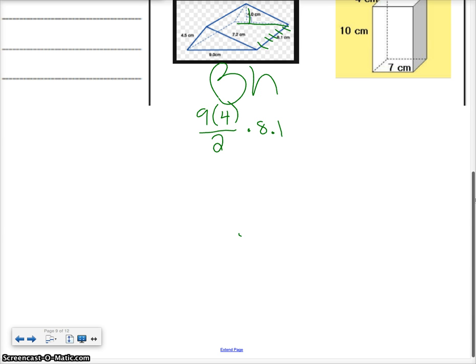You punch that into your calculator, 9 times 4 divided by 2 times 8.1, and you get 145.8 cubic centimeters.